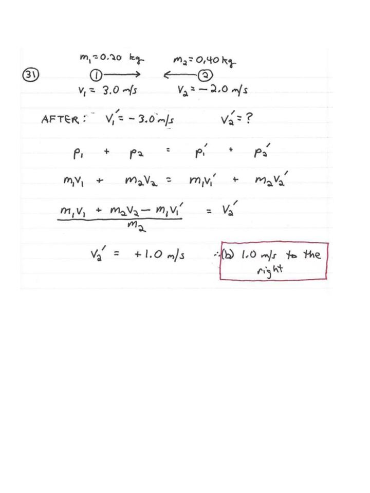And here it's asking for what is v2 prime, so we'll go through the algebra. And v2 prime, when we plug in the values, we get positive 1 meter per second. Now the positive means it's moving to the right. And so that's answer B in the book, 1 meter per second to the right.